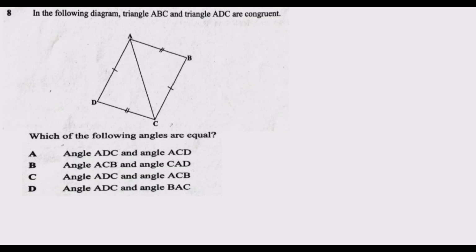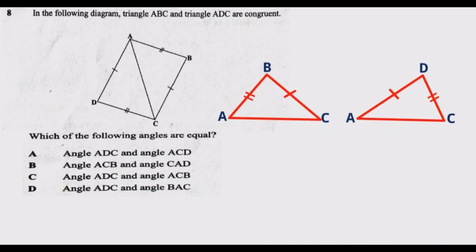One of the factors that you need to understand is that in congruent triangles, corresponding angles are equal. So before we do anything, we need to divide this diagram into two triangles.